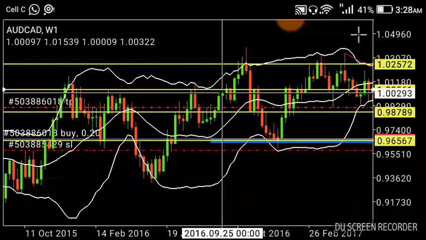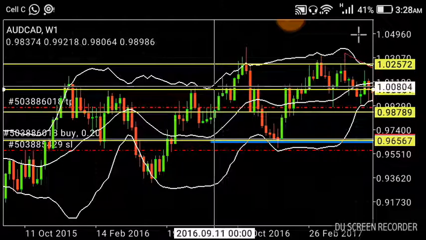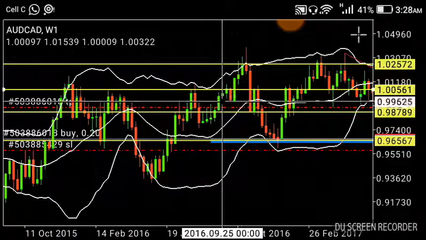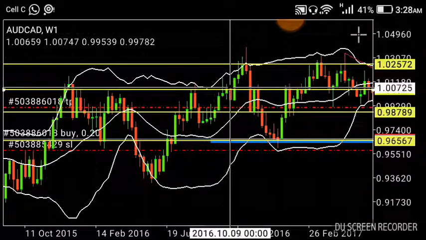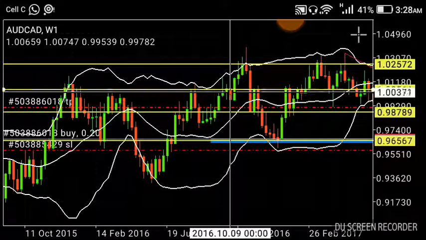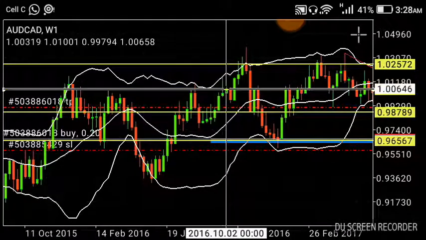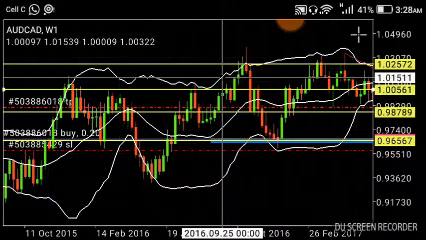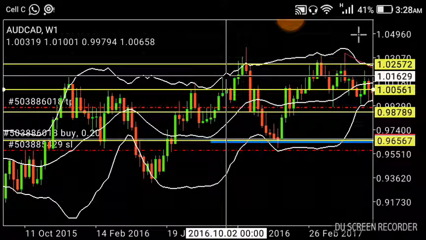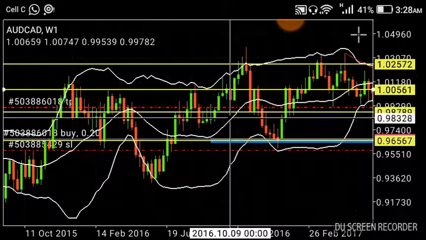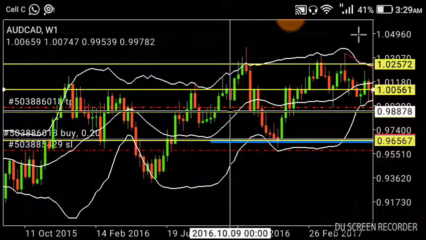For example, here, most people would have thought that this is a pin bar, so they would have put a lot of sell trades here, which would have been profitable. The reason being is because if you had taken a sell trade here, you would have probably put your stop loss above your pin bar there, and then your take profit would have been probably at this area here.